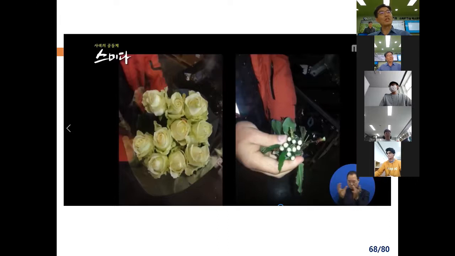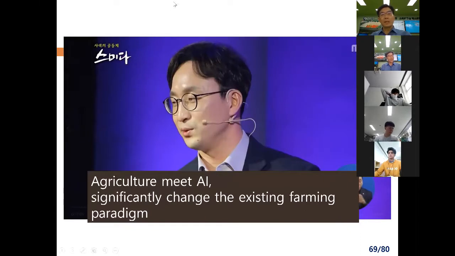Of course, these classified flowers will bloom at the same time. If we put AI on other technologies in the agricultural sector, we can significantly change the existing farming paradigm.